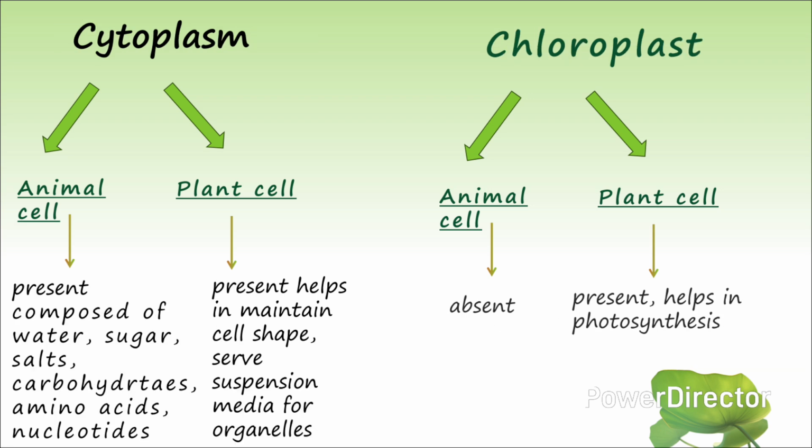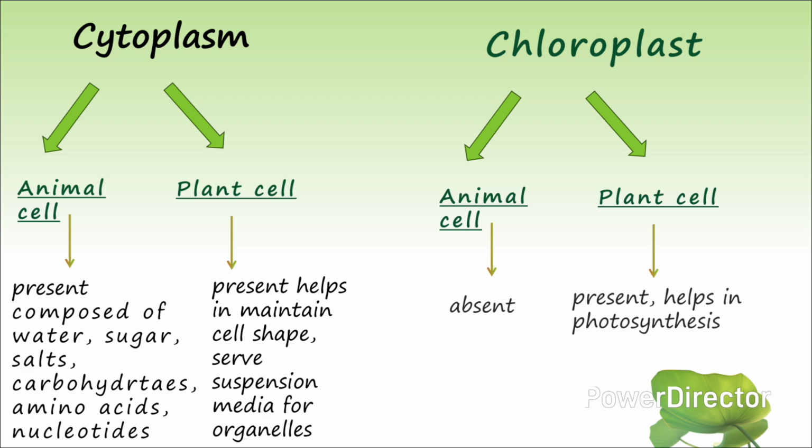Next is cytoplasm. The cytoplasm surrounds the nucleus in animal cells and is mostly composed of water, sugars, salts, carbohydrates, amino acids, and nucleotides. Whereas in plant cells, the cytoplasm maintains cell shape, provides critical support to internal structures, and serves as a suspension media for organelles.